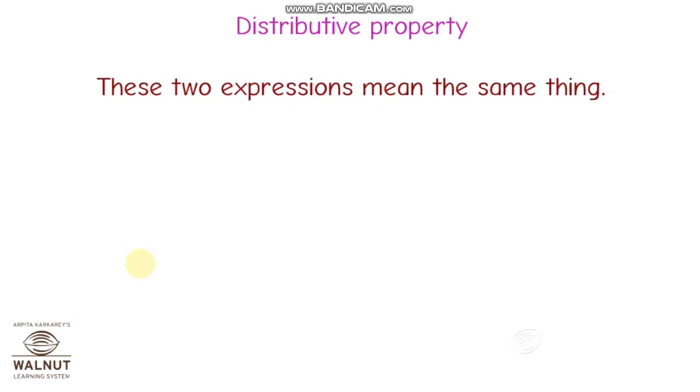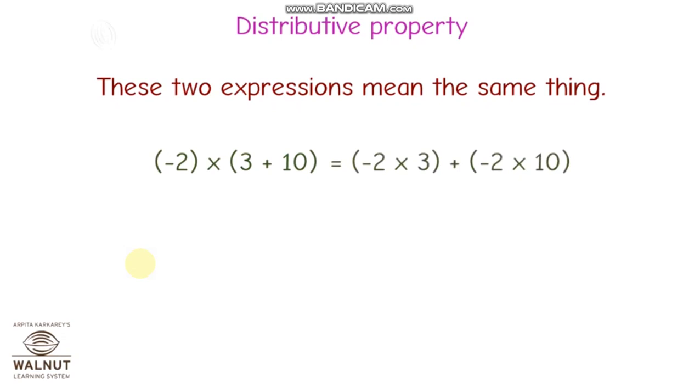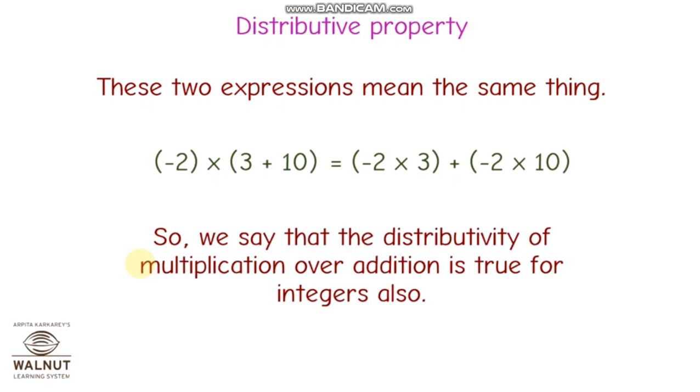That means we conclude that minus 2 into 3 plus 10 is equal to minus 2 into 3 plus minus 2 into 10. The answer is the same, minus 26 is equal to minus 26. We say that distributivity of multiplication over addition is true for integers also.